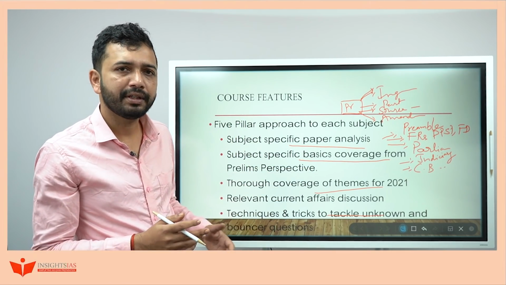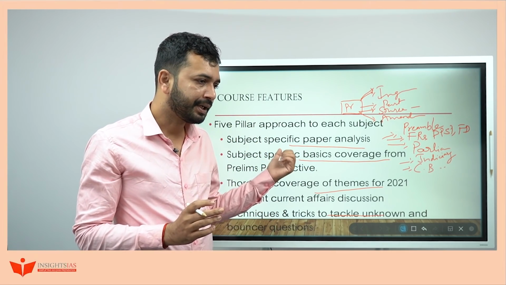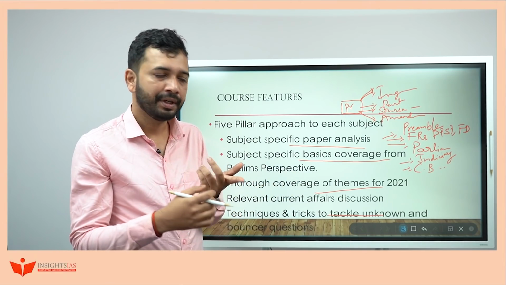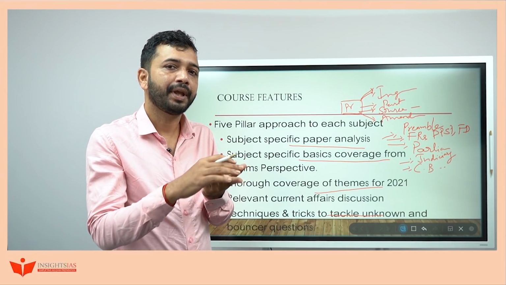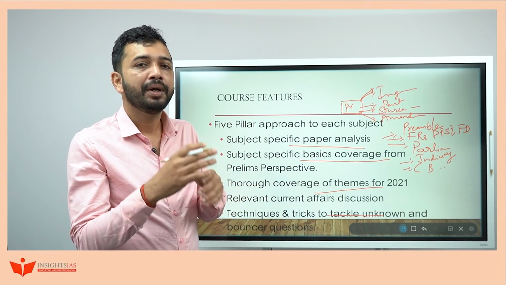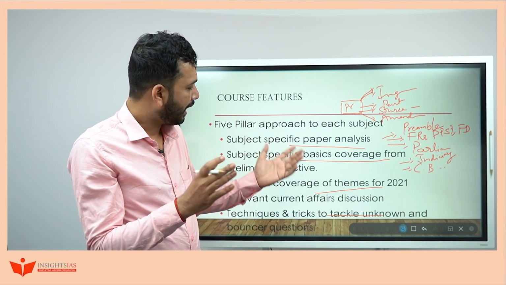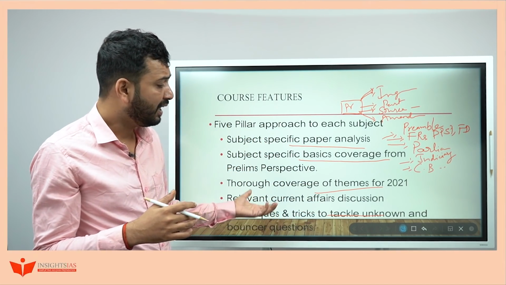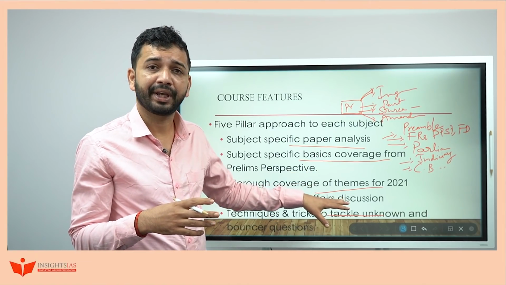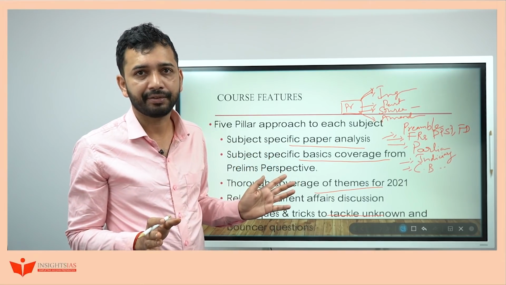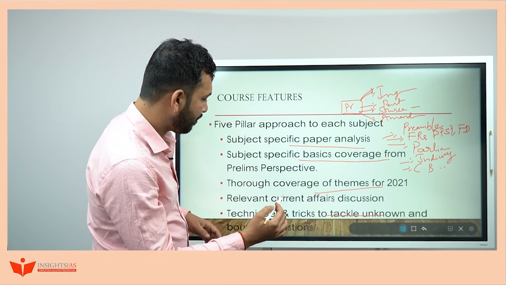So overall in the classes we will discuss the themes, then the core dimensions within the theme, then the previous year question papers from 2011 to 2018, and then some of the strategies on how we can tackle them, as well as current affairs regarding that chapter. That is part number 1.